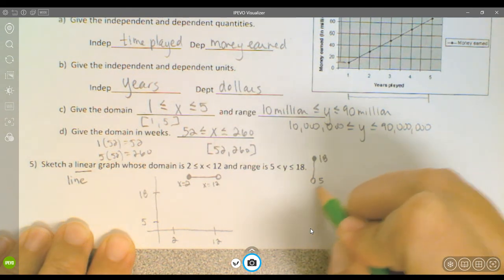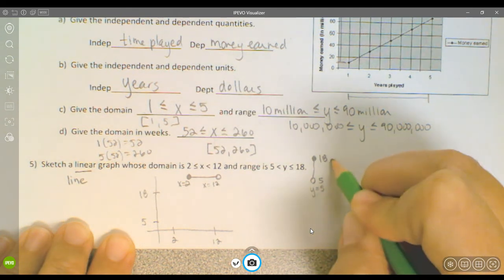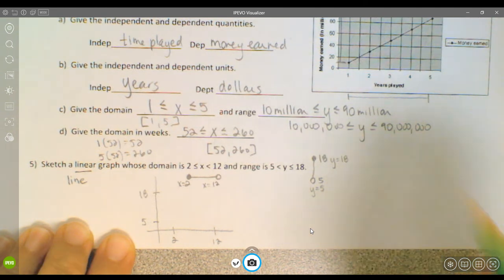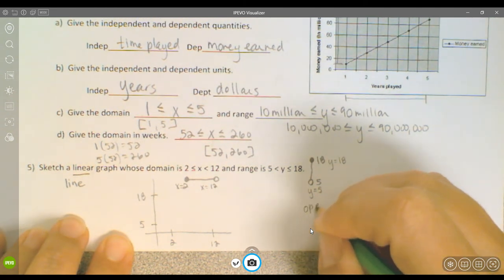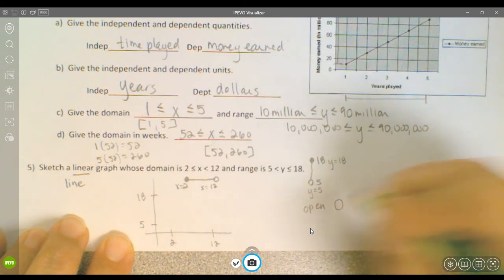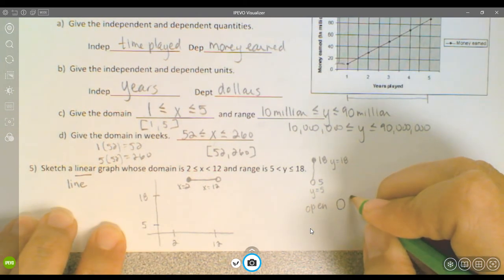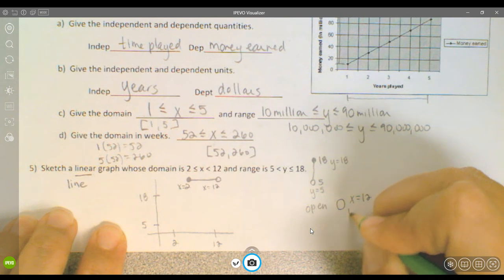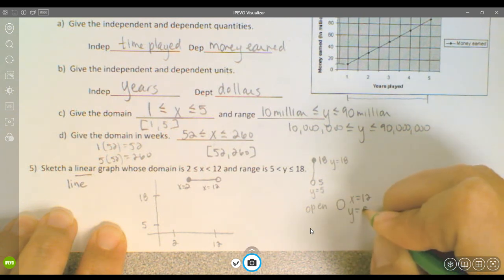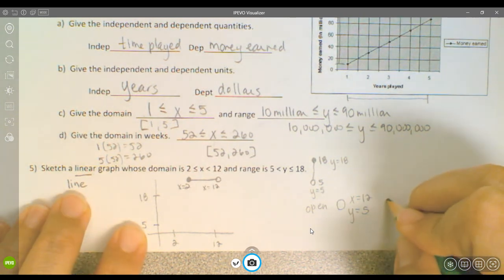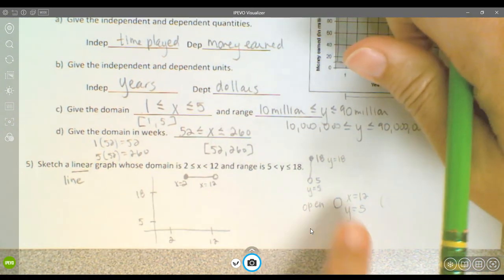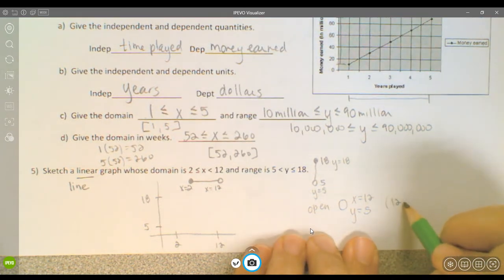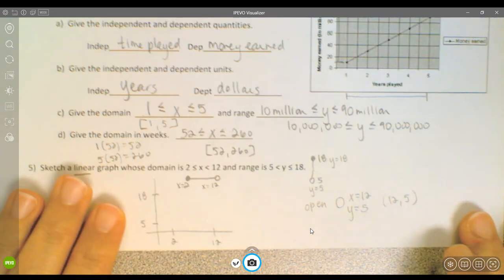This is y equals 5 to y equals 18. So if we put our open circles together, it looks like our x is 12 and our y is 5. Well, guess what, guys? That's an ordered pair. Not 5, 12, goob. X is 12, y is 5.